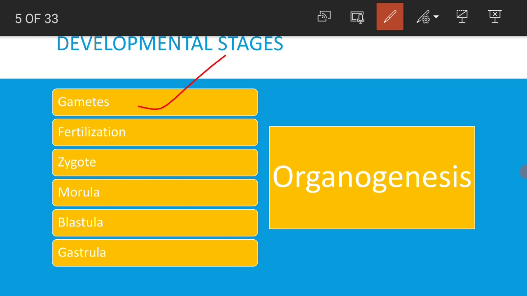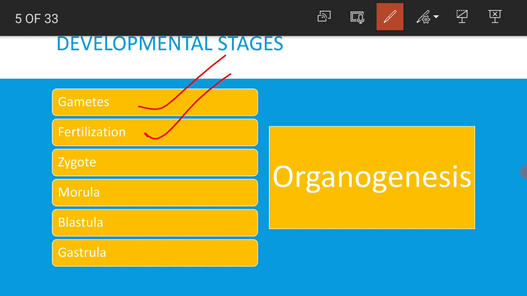Because in case of frog there is no copulatory organ, only pseudocopulation occurs. This pseudocopulation is called amplexus. And during the process of amplexus, eggs and spermatozoa both are released into the water medium. That means the fertilization is external, it occurs in the water.